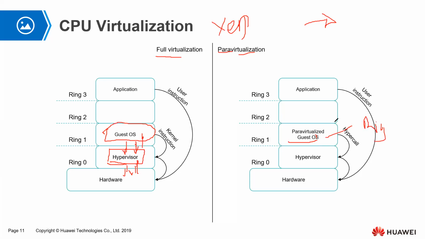Actually, you are a guest operating system, so from today you're running at ring 1. Please do not send those sensitive instructions, including the 19 sensitive instructions.